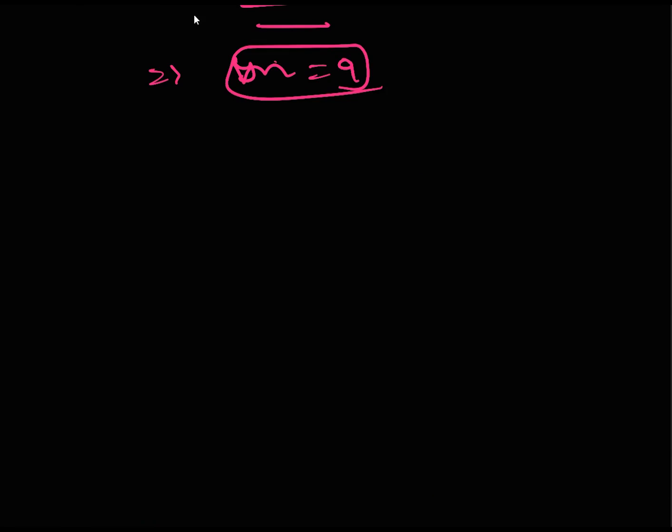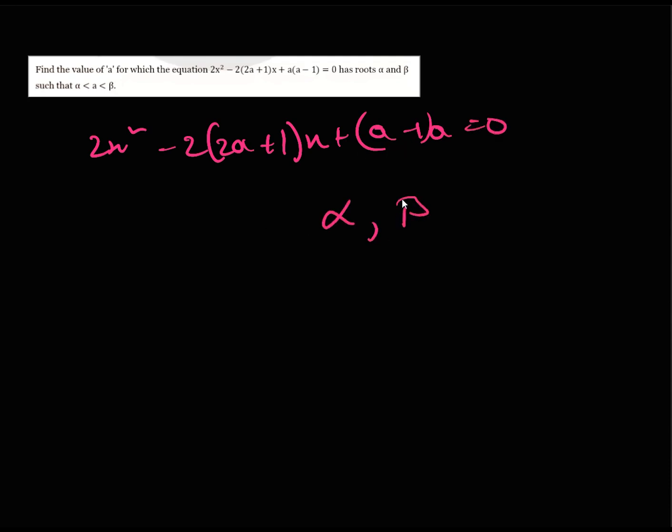Now let us do another question. Find the value of a for which the equation 2x square minus 2 times (2a plus 1) x plus a minus 1 into a equals 0 has roots alpha, beta such that alpha is less than a less than beta.